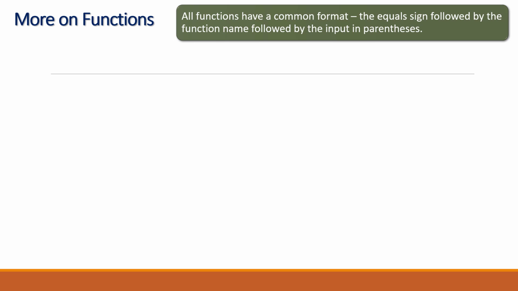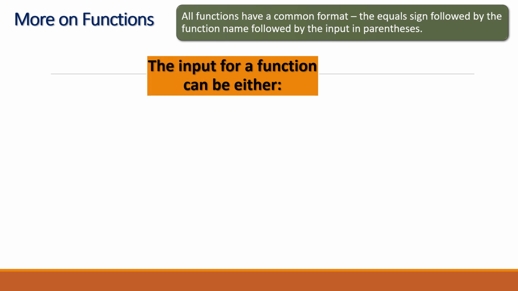Now, still on functions, which we define as Excel built-in formulas, all functions have a common format. They start with equal sign, followed by the function name, either average, sum, and so on, then followed by the input in parentheses. Now, the input for a function can either be a set of numbers.